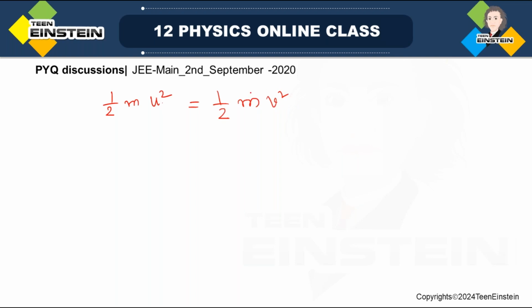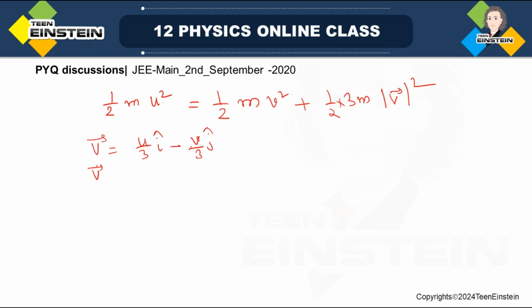For this, the kinetic energy of the small mass and the kinetic energy of the bigger mass will be with v mod square. So how much is v mod? V is u by 3 i cap minus v by 3 j cap.